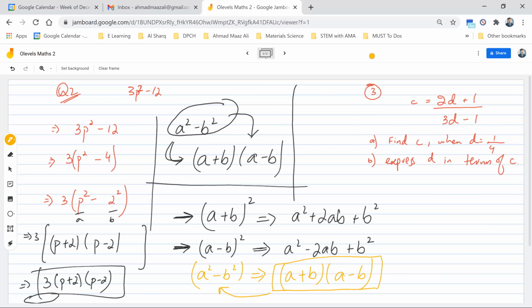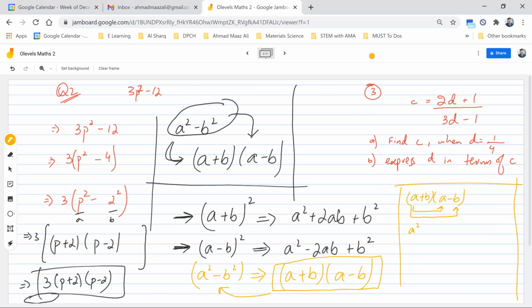If you just try to solve this, you'll ultimately get the same thing. I can try that as well if you're still confused. We have a plus b times a minus b. Let's multiply a by this first. A times a is a squared. Let's multiply a by minus b.